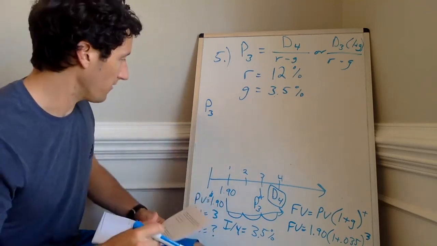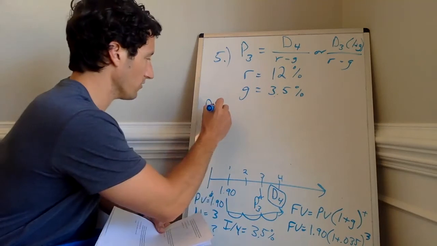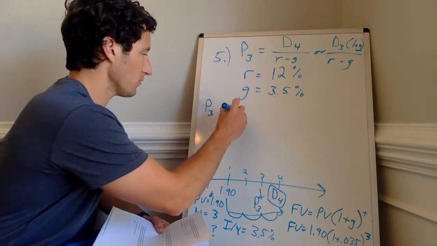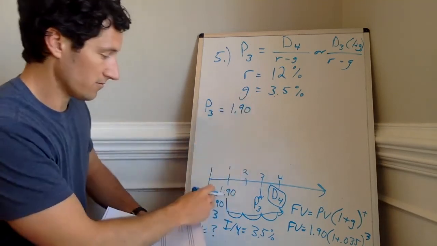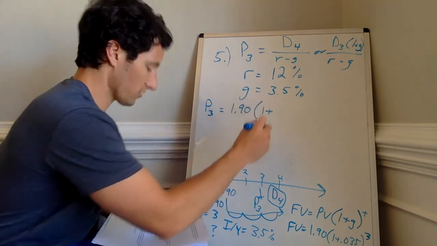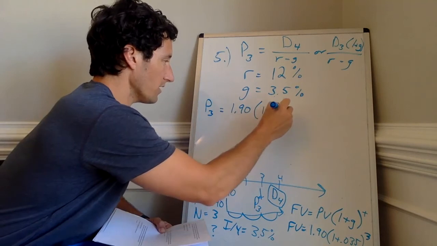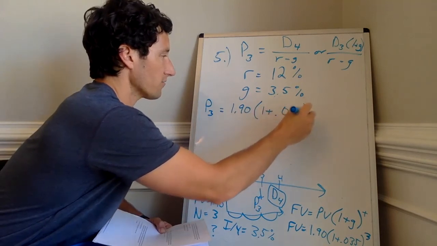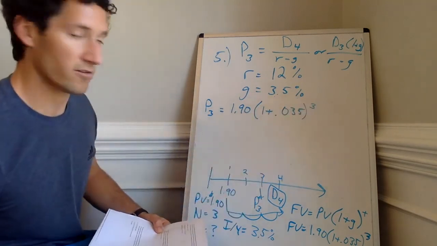So 3 years from now. All right, so price at year 3 is going to equal 1.90, this dividend, times 1 plus our growth rate, 0.035, raised to the third power.